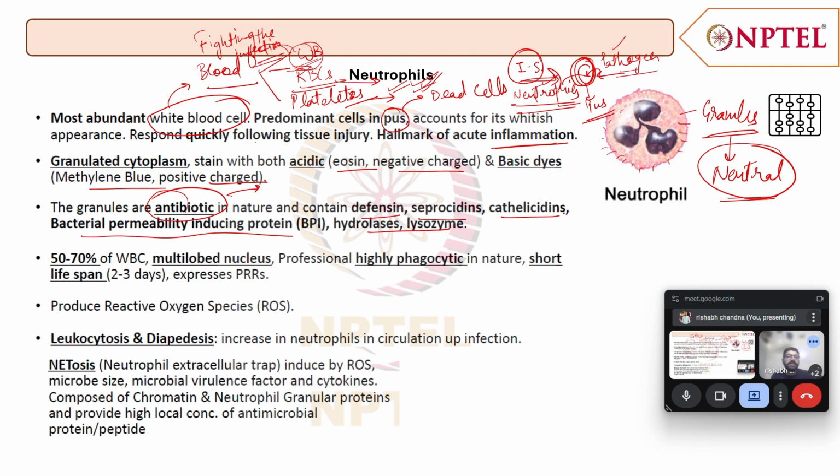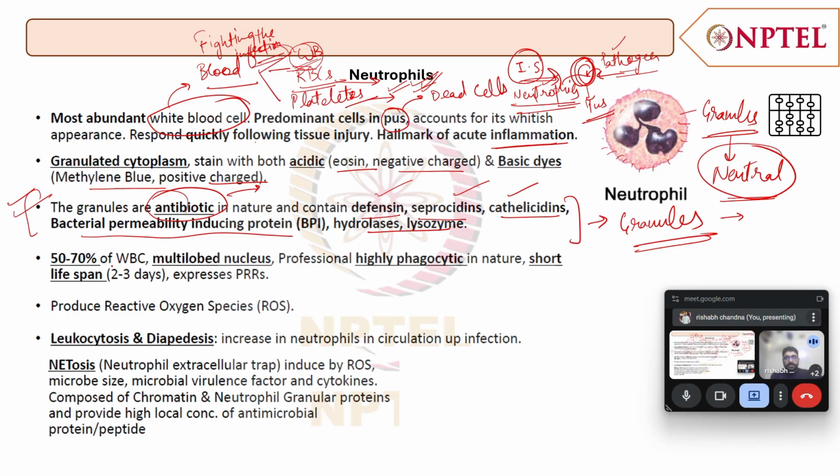Because these are bactericidal, they secrete certain proteins and enzymes that can directly act on the pathogen. These proteins create pores in the bacterial and the fungal cells that kills the pathogen. That's why these are important at the first site of defense.